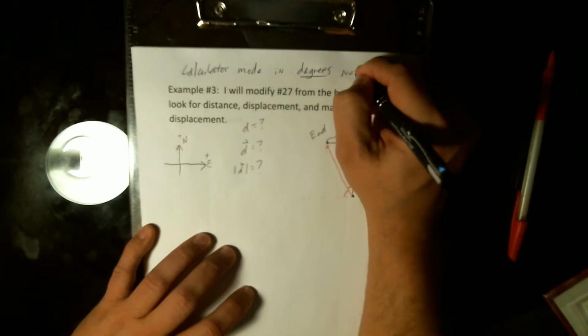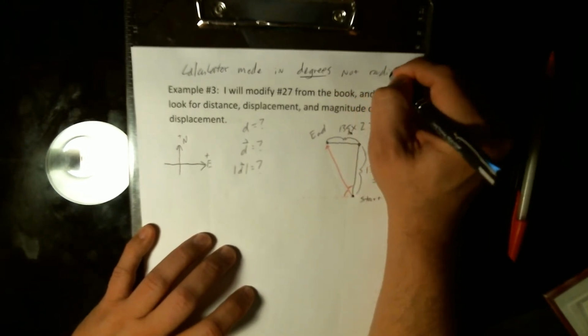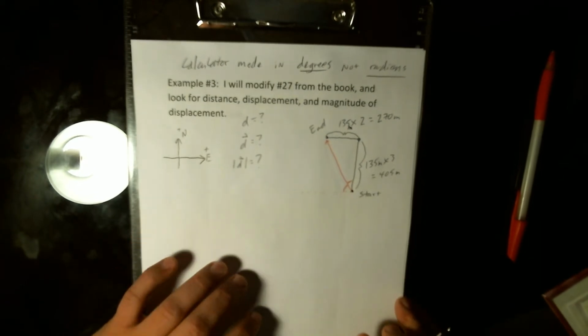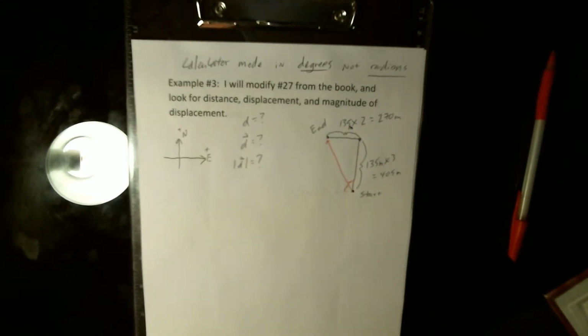Go ahead and do that now. If you need help from your neighbor, get the help. If the sub needs to stop this video for a second while you do it, go ahead and stop it and restart it once everybody has their calculators in degrees.